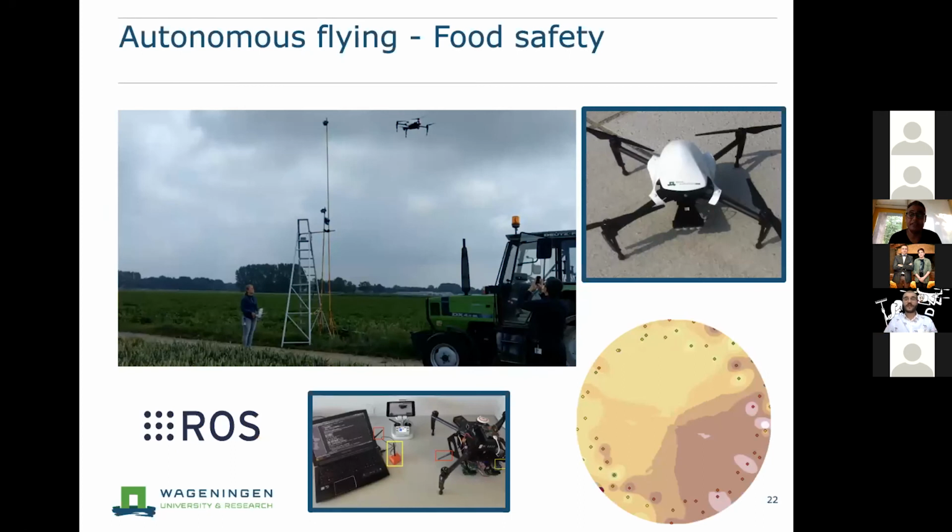As far as autonomous flying is concerned, there is also a lot of work with the food safety research from Wageningen University. Mostly we are interested in using drones with electronic noses to detect volatile organic compounds that harm human health in the food.